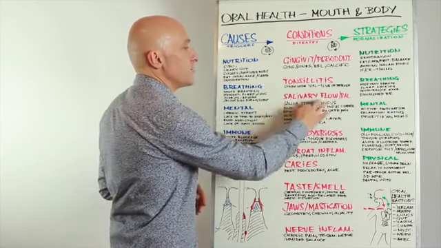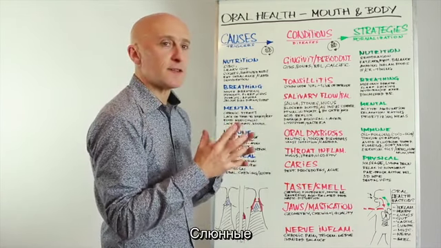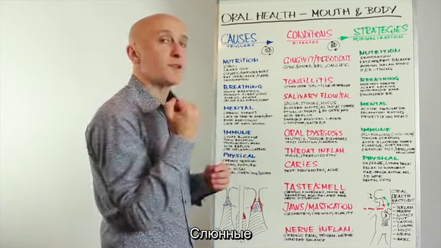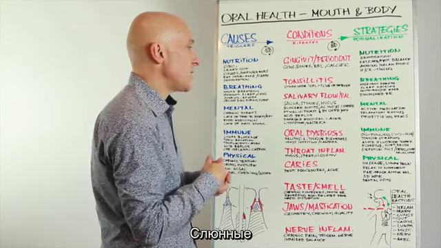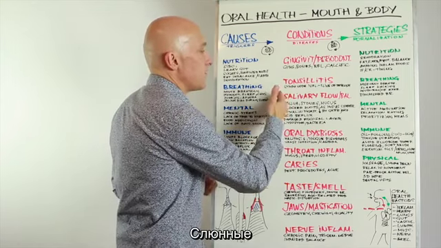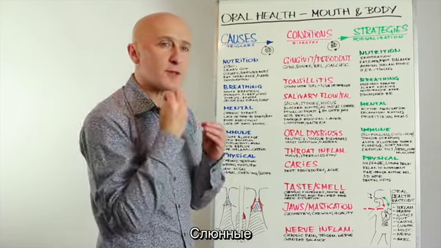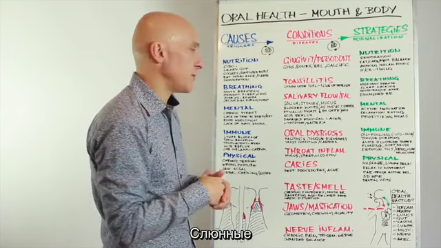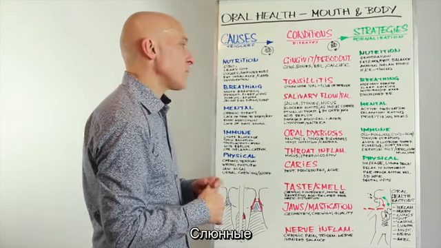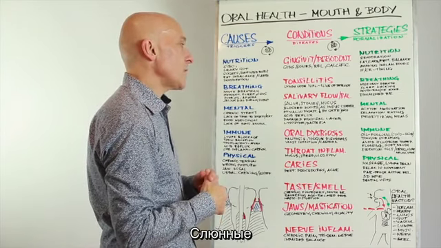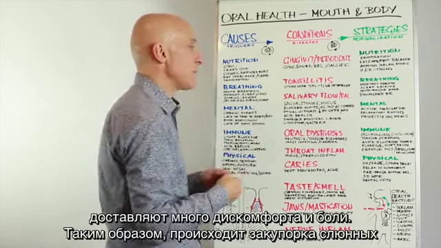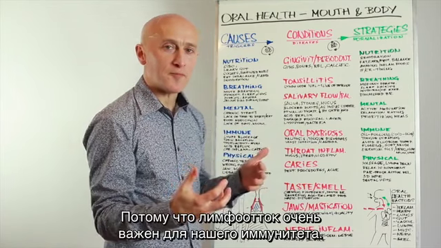And we have salivary stones. Salivary stones are deposits, calcium deposits under the tongue. They create impaired salivary flow. They also create a lot of discomfort and pain. So it's blocked salivary ducts, and they are just as big a problem as impaired lymph flow.